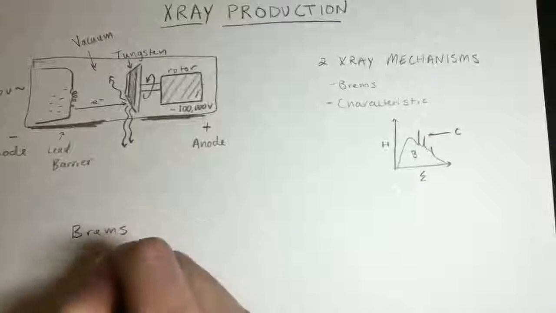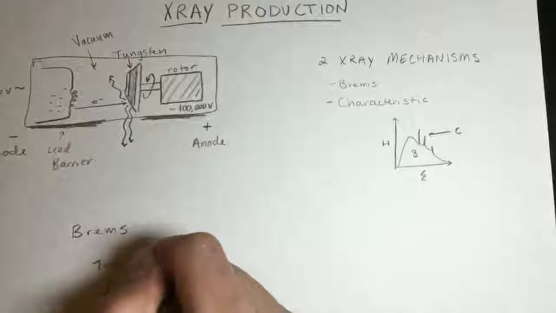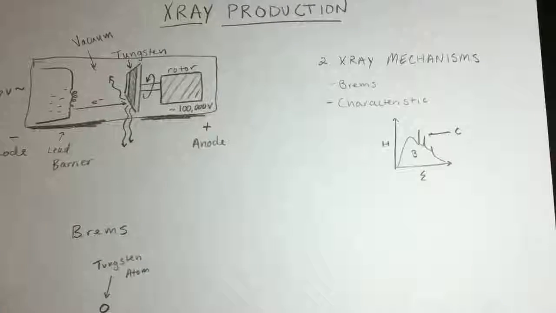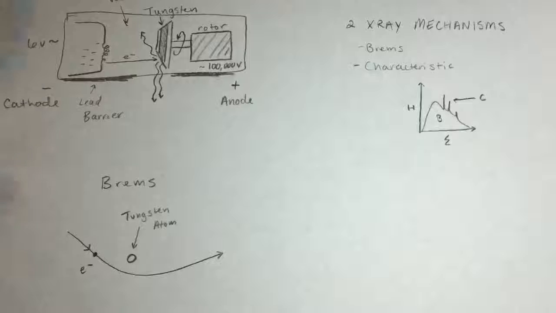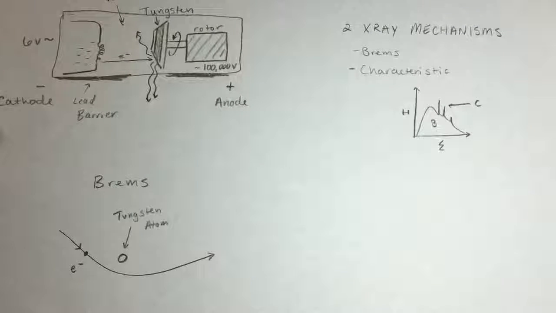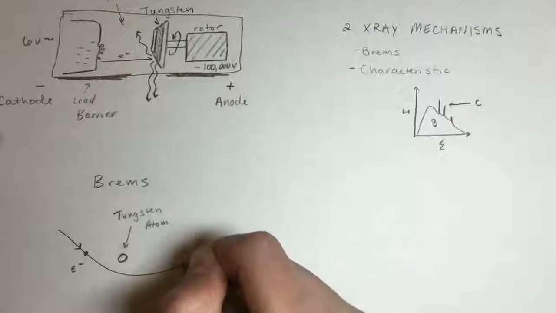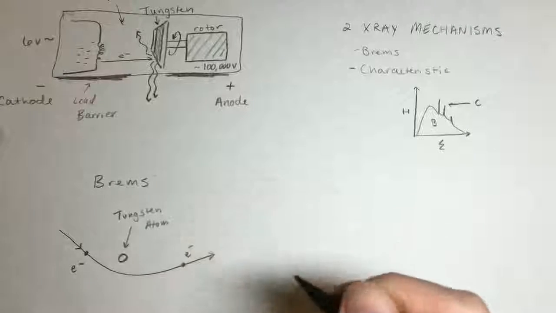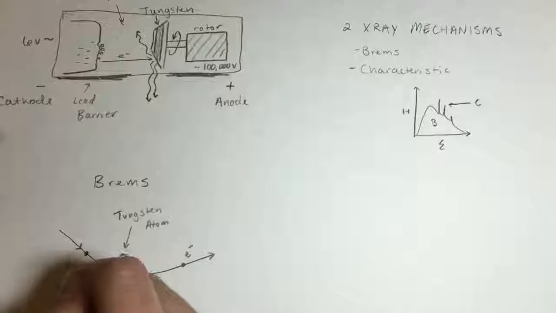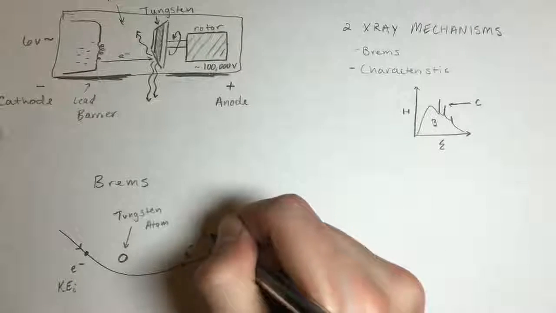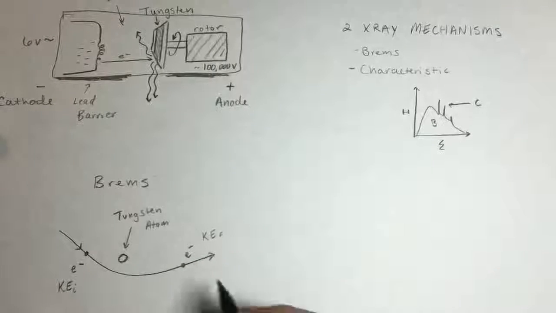So we'll look at Brems here, and hopefully our illustrator will realize momentarily that his camera is a little too low, and that'll be adjusted. But we'll see here the electron is traveling near the nucleus of our tungsten that we have there on our anode, and it bends around that nucleus of the tungsten atom. And it doesn't directly interact with it, but it just bends around it.